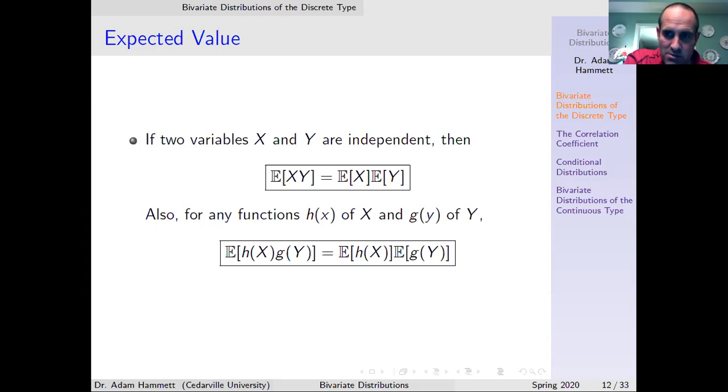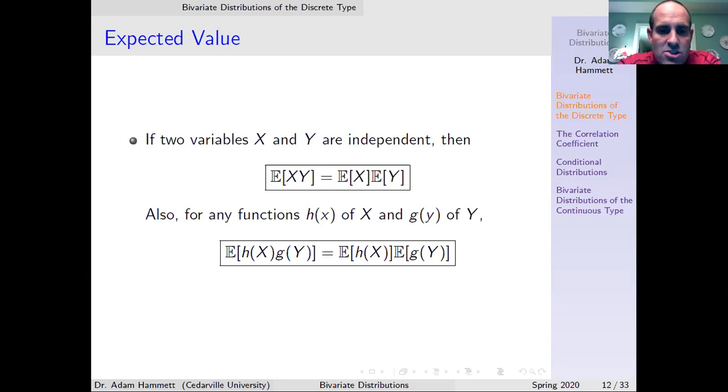The joint PMF at any point, X comma Y, has to be equal to the product of the marginals. The expected value isn't refined enough. Again, it's a single number summary, whereas the PMF is a whole collection of data. And to have flat out independence for a pair of random variables, you need to go down to the level of the PMF. Okay, so no horsing around there.